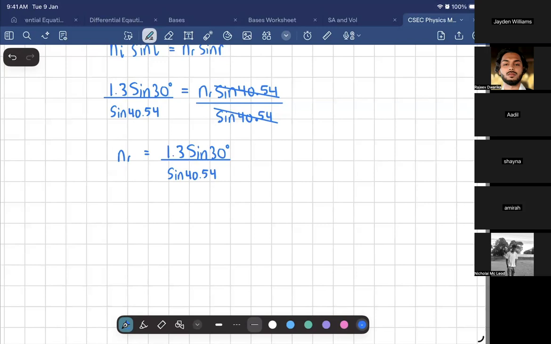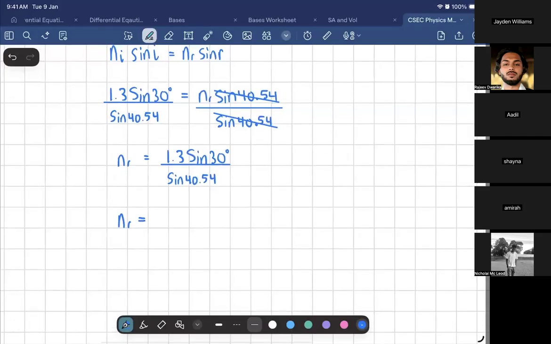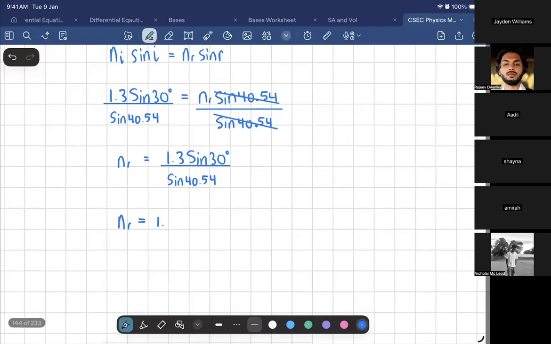I get 1.000326888. If you round that off to two decimal places, you get 1.00.